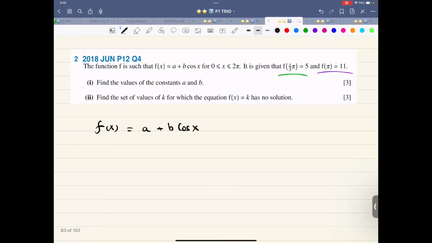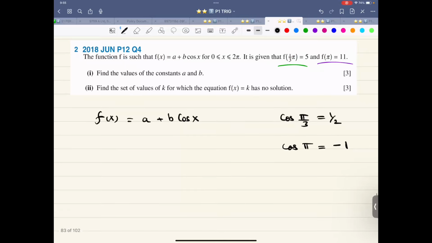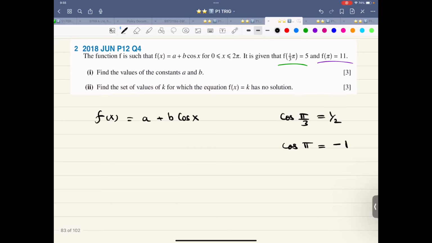So f of x is a plus b cosine x. Now, we are interested in cosine. Cosine of pi by 3, that is half. Cosine of pi, that is negative 1. So now the first equation is this. f of pi by 3 is 5. So 5 equals a plus b times cosine of pi by 3.